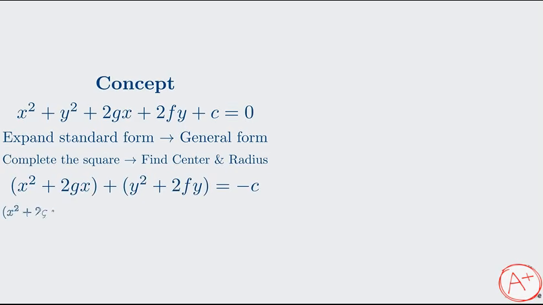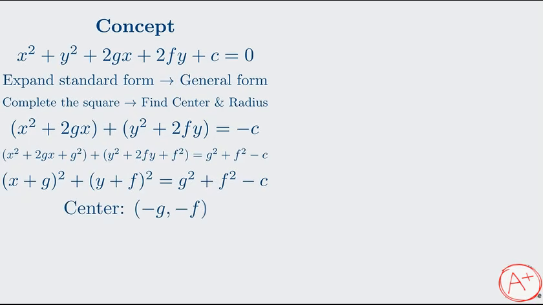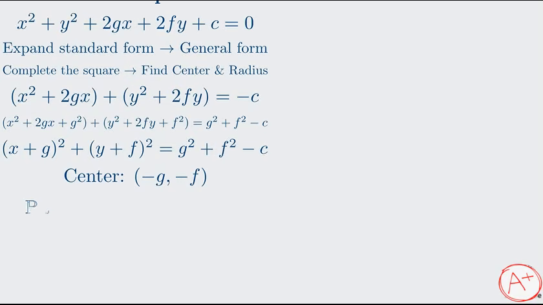To complete the square, we add the square of half the coefficient of x and half the coefficient of y to both sides. This simplifies to (x plus g) squared plus (y plus f) squared equals g squared plus f squared minus c. Comparing this to our standard form, we identify the center as (-g, -f) and the radius r as the square root of g squared plus f squared minus c.